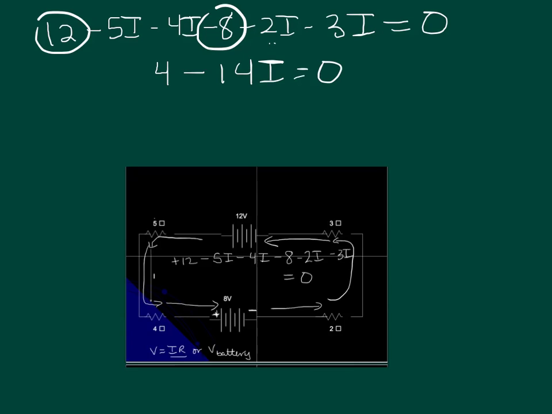And so then we have 4 equals 14I. Dividing by 14, we get I equals 0.286 amps.